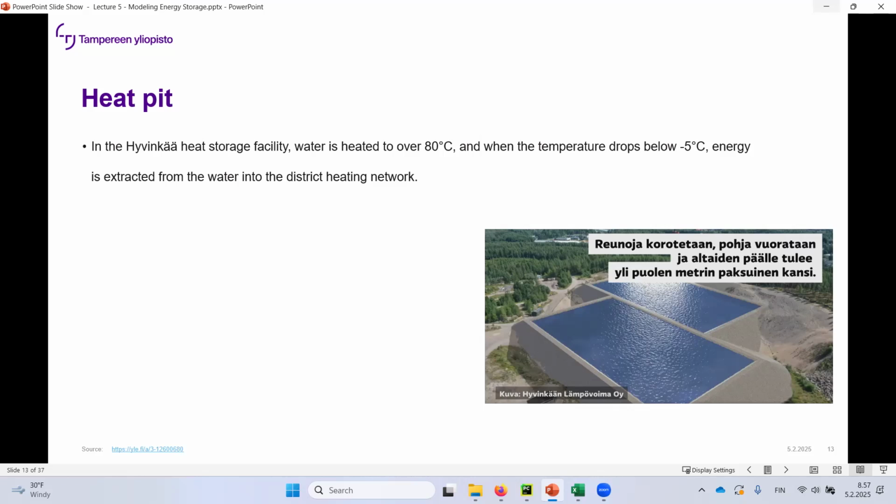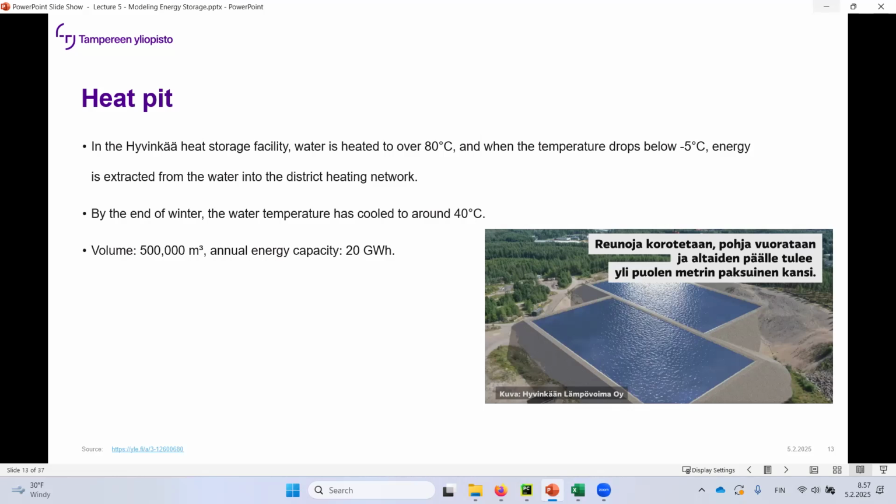And then you're going to put, this one doesn't have the cap on it, but you're going to put some 0.5 meters of insulation above it. So it can go up to 80 degrees, and by the end of the winter, it has cooled down to 40 degrees. So it can be used as a district heat system support, and 20 gigawatt hours.